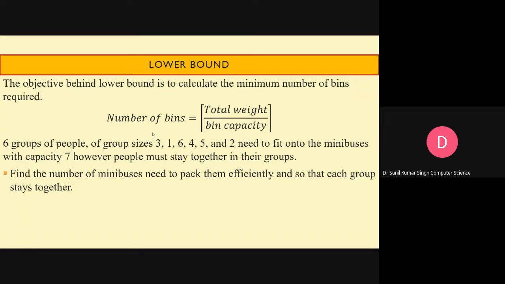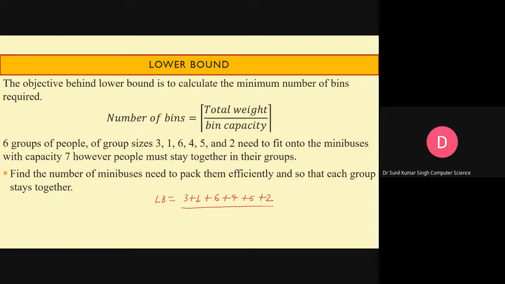For that, we have to check the required number of bins. So just add these items: 3 plus 1 plus 6 plus 4 plus 5 plus 2, and divide it by the bin capacity.